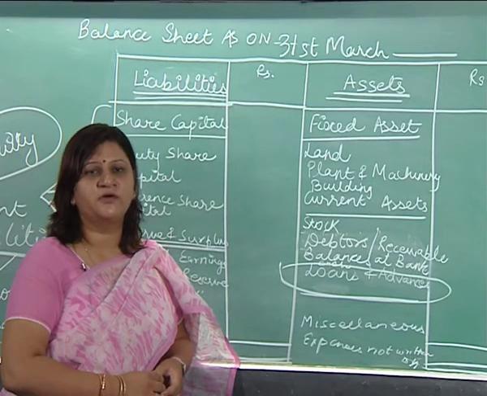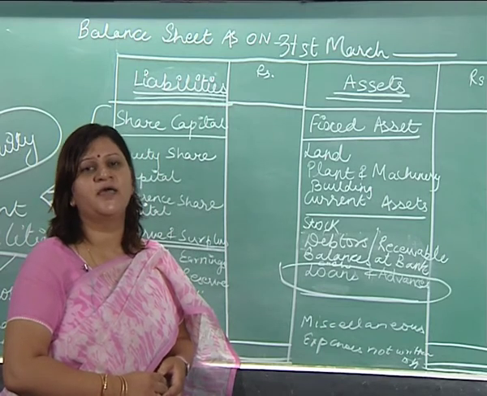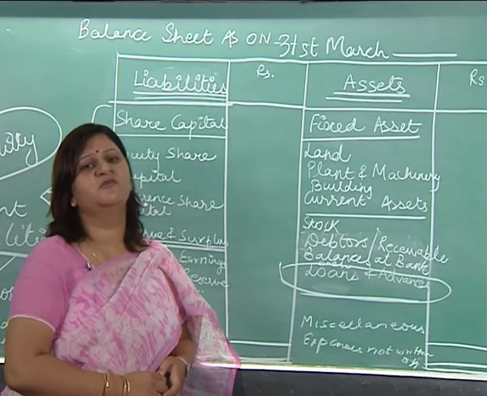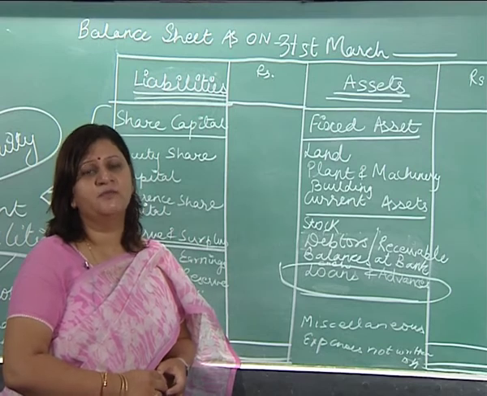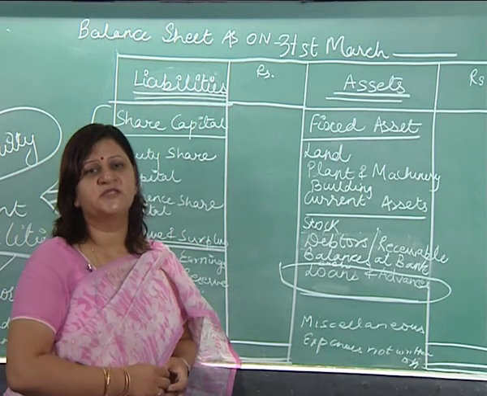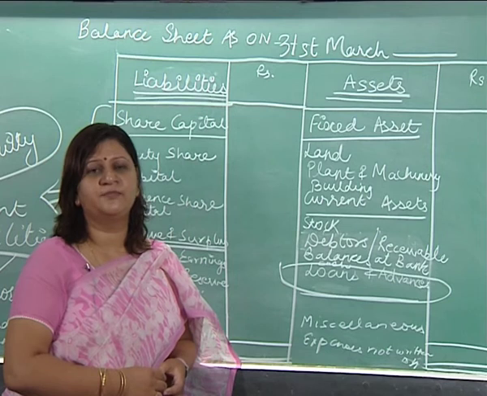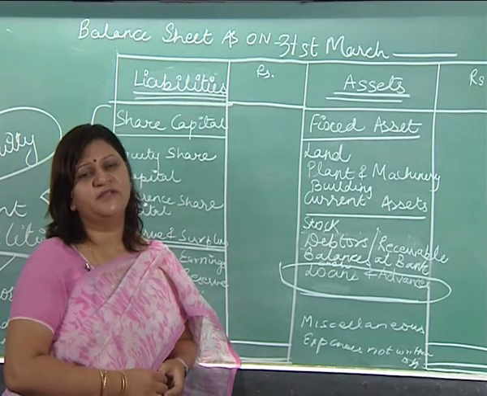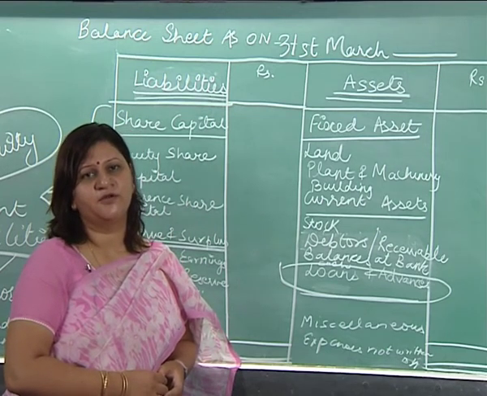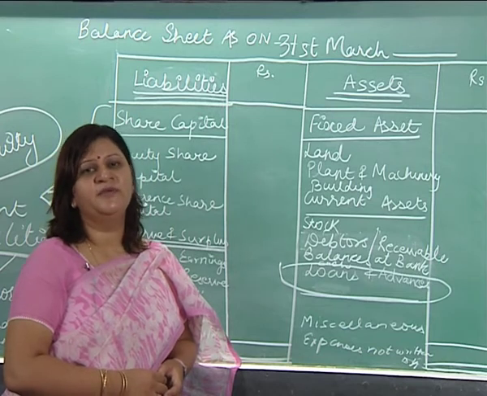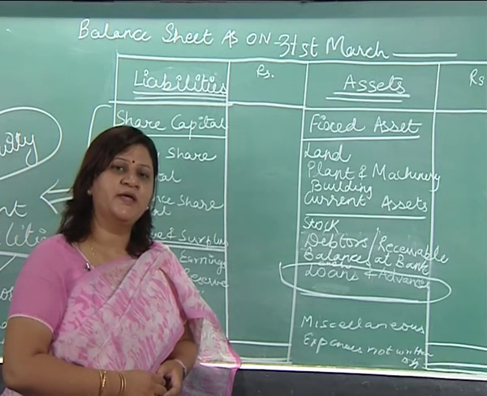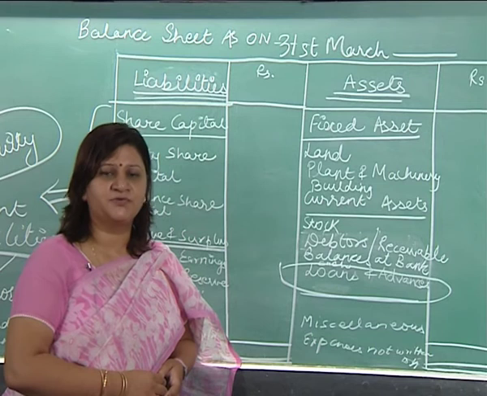Miscellaneous expenses not written off will show the expenses which have not been amortized, because there are certain expenses which we have to write off over a period of years. Whatever is written off shall form part of P&L. It will be shown as P&L account debit to the particular expense written off.